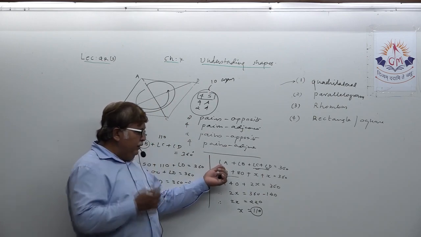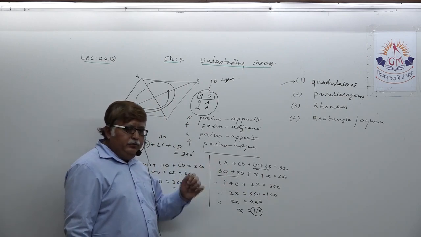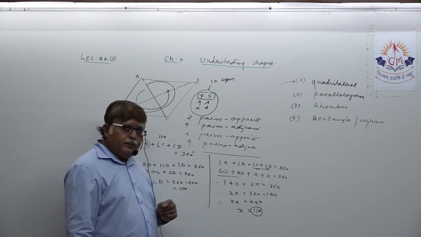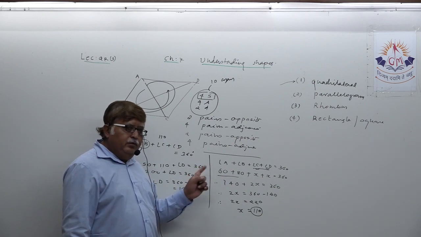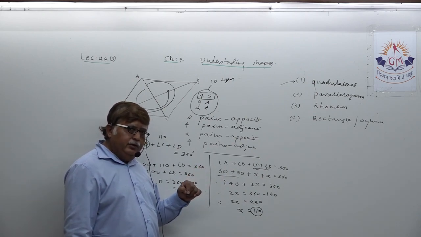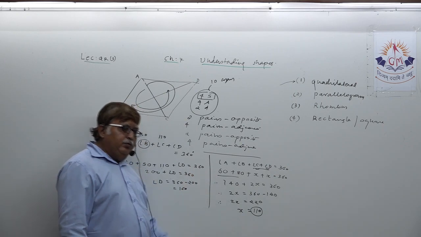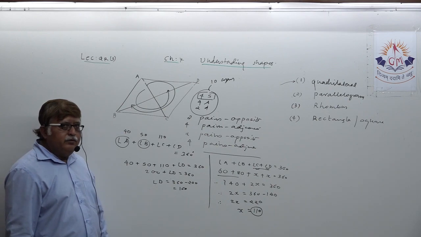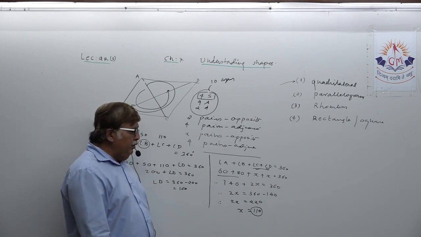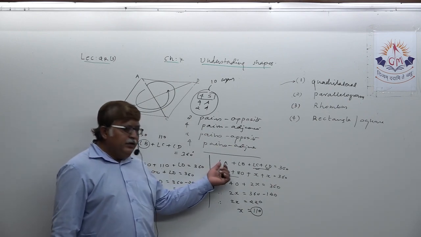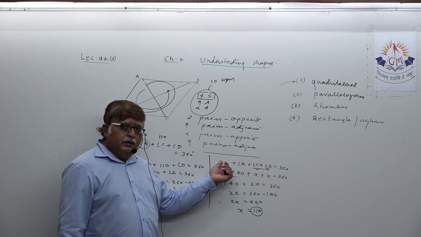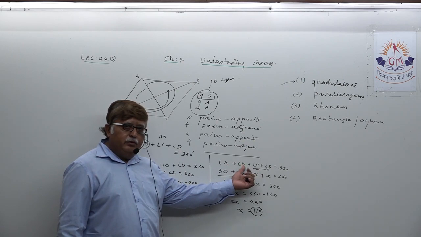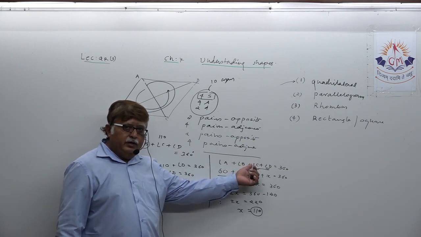It may happen that you will be given the measure of only one angle, and you have to find all other angles. This way also it can appear. Is it clear in your mind? So suppose one angle is given and you are told that the rest of the three angles are equal, so you can take them x plus x plus x.